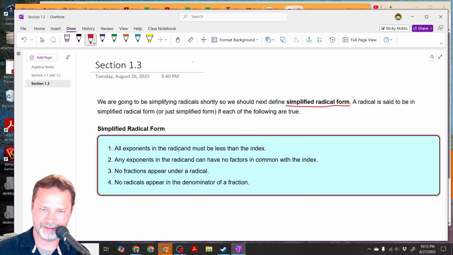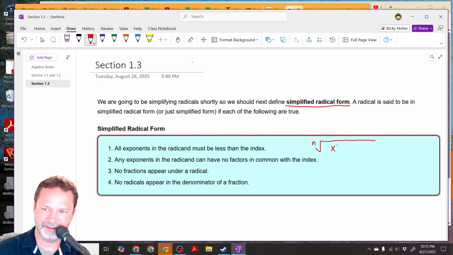All exponents in the radicand must be less than the index. So this is the radicand, anything in there must be less than the index. The index is here, and the powers are in here.